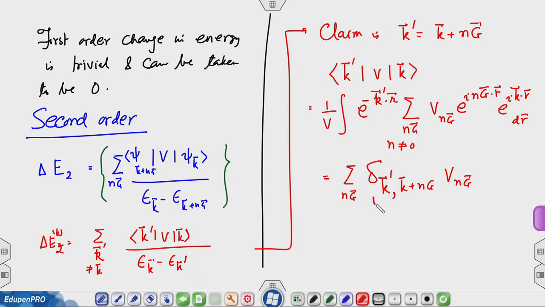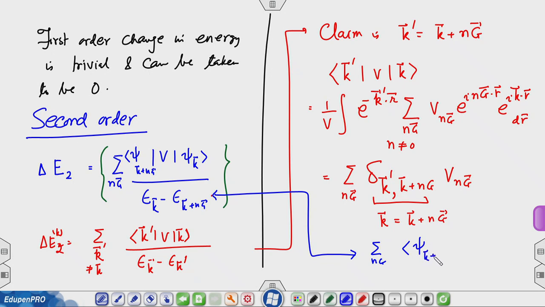So you see that k prime equals k plus n g, and therefore this relationship, the blue one. So you get summation n g, psi k plus n g, V, psi k over this.